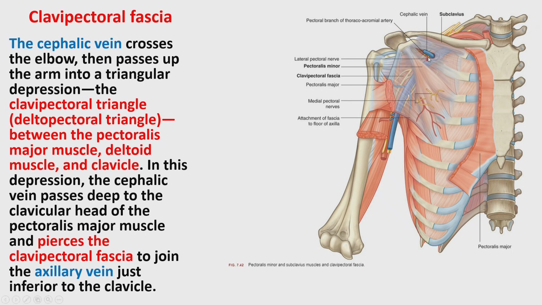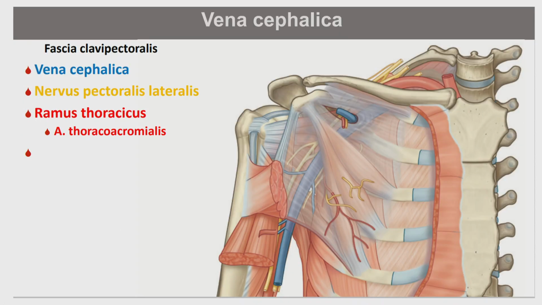One of them is the lateral pectoral nerve, which also pierces this fascia, and the other is the branches of the thoracoacromial artery, specifically the thoracic branches and other branches also. So those structures perforate this fascia: the cephalic vein, the lateral pectoral nerve, and the branches of the thoracoacromial artery.